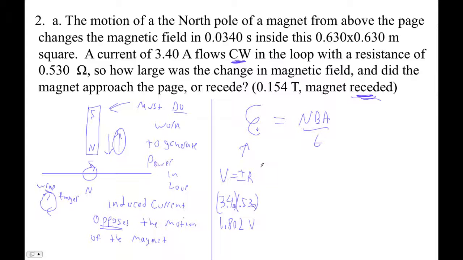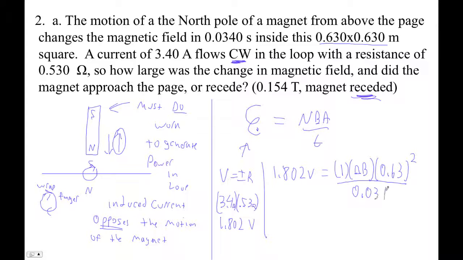So 1.802 volts is equal to, there's only one winding, the change in B is what we're trying to find, the area is 0.63 squared because it's a square, and then how much time? 0.034 seconds.